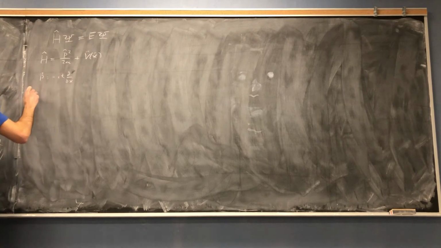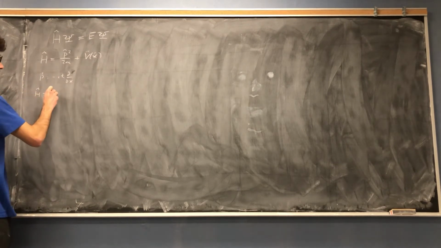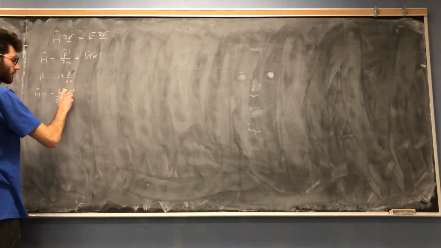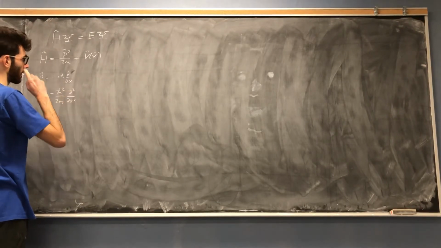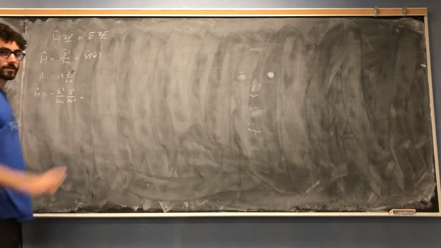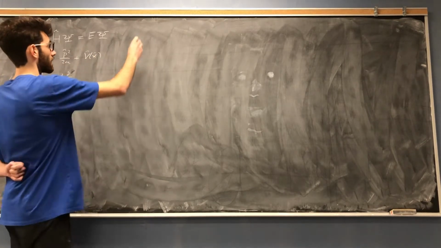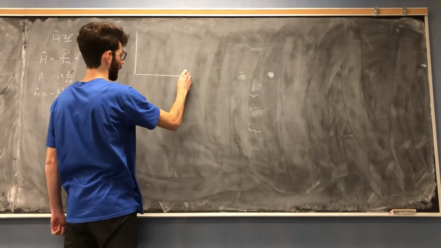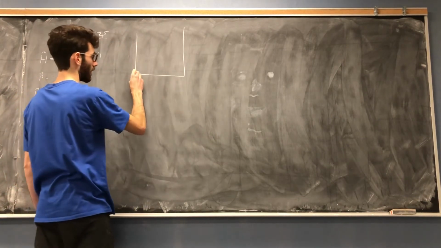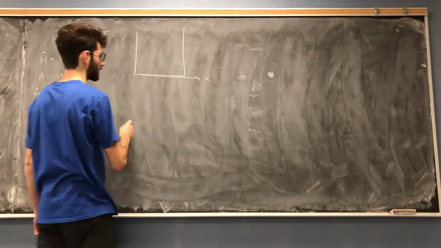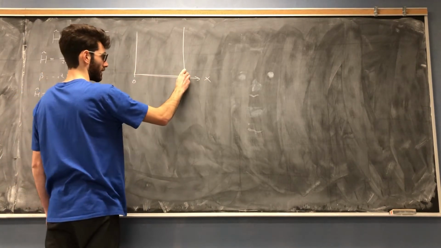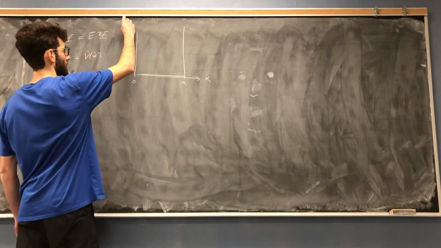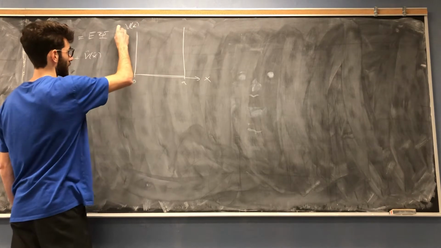So H is minus h bar squared over 2m del squared by del x squared, plus V of x, which I haven't specified yet. For the infinite potential well, i.e. a particle in a box, you have some x-axis here, let this be my 0, let the box be of width a, and what I'm plotting here is my potential function V of x.